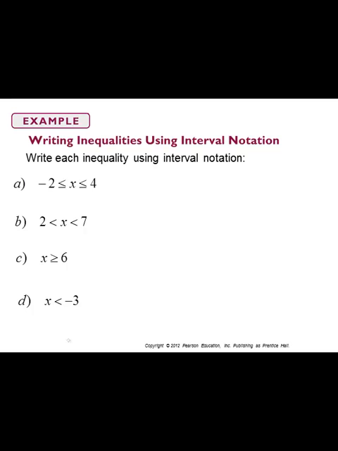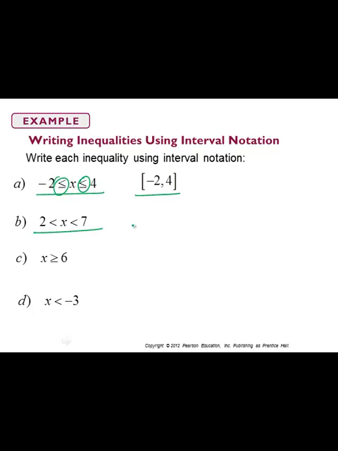We are now going to talk about expressing inequalities, some of them double inequalities, some of them single inequalities, using interval notation. So when we talk about x less than or equal to 4 but greater than or equal to negative 2, we're talking about this set of numbers here with this notation, with the square brackets, by the way, because the square brackets correspond to the mixed inequalities less than or equal to.